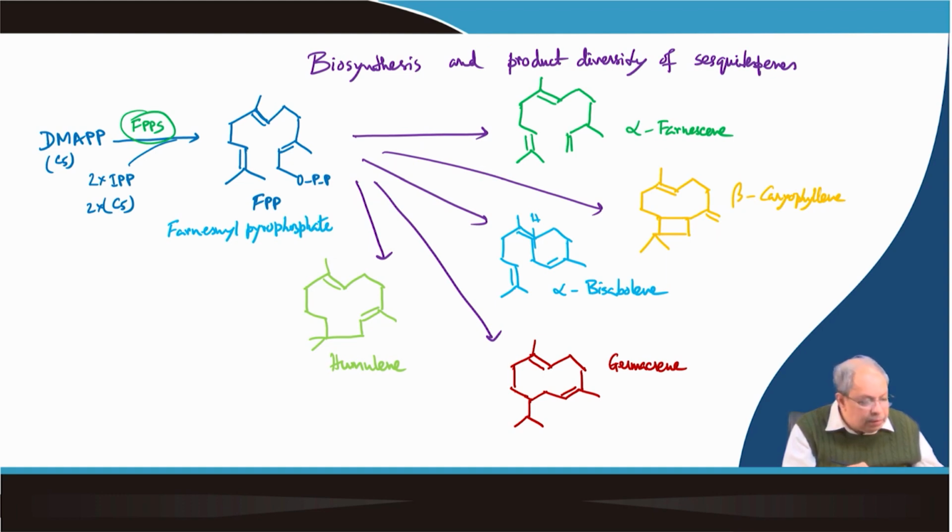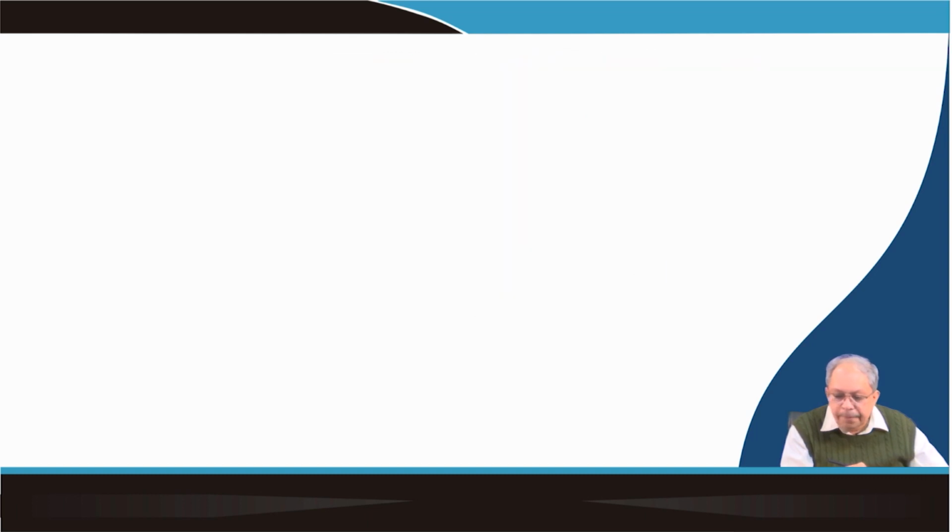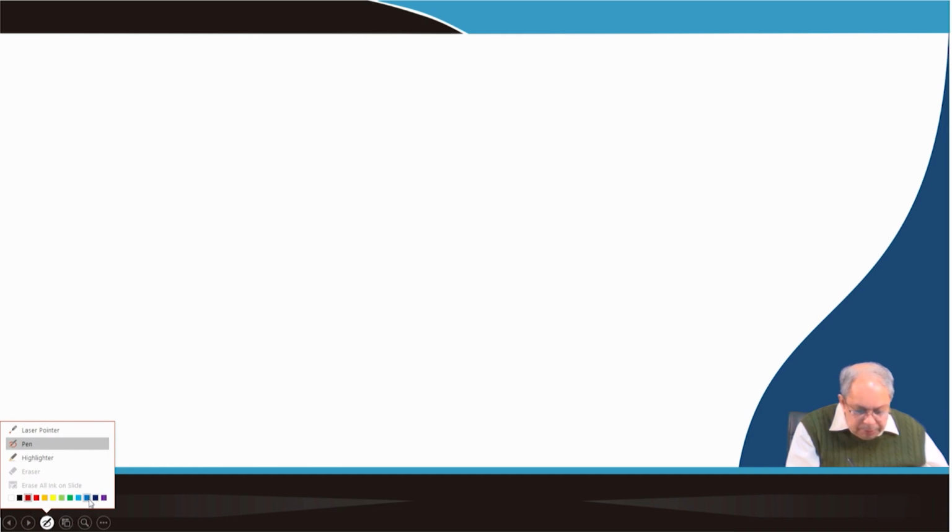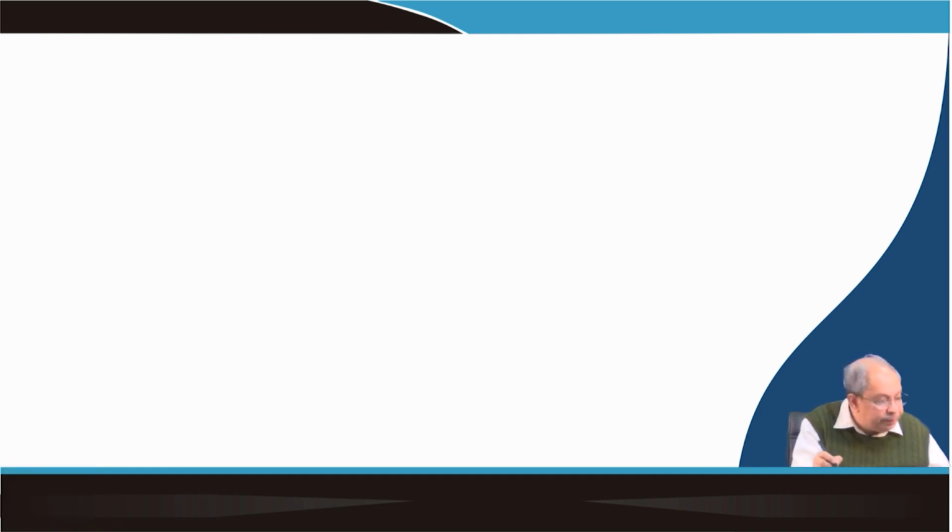let us go to the next slide. So, here what I am going to show is that from FPP, that is farnesyl pyrophosphate, there are different cations generated.